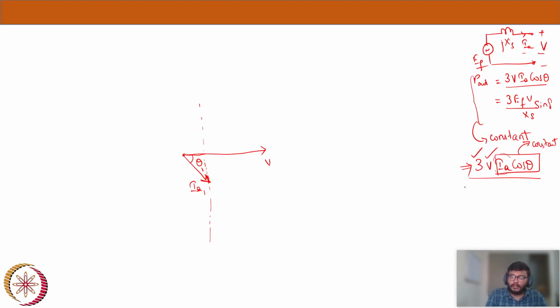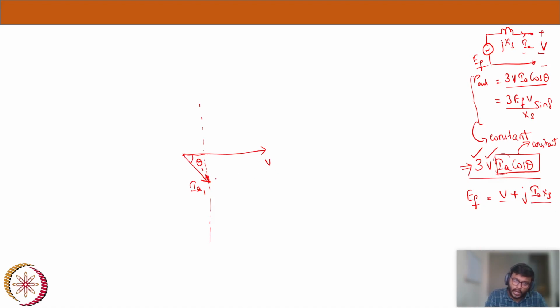For a generator, what is the EF equation? EF equals V plus J IA XS. Resistance is neglected here, which we already assumed in the first discussion. Now EF equals V plus this IA XS drop.